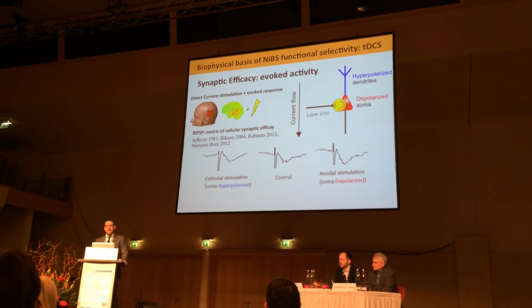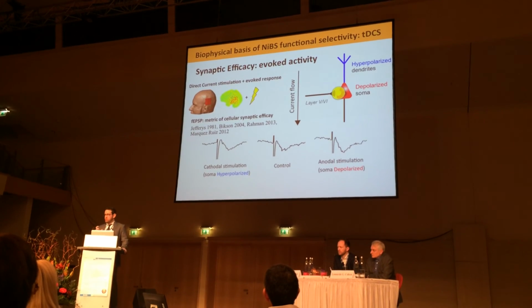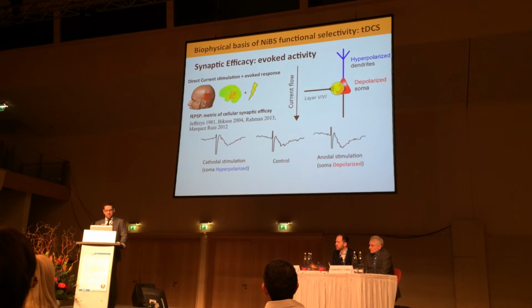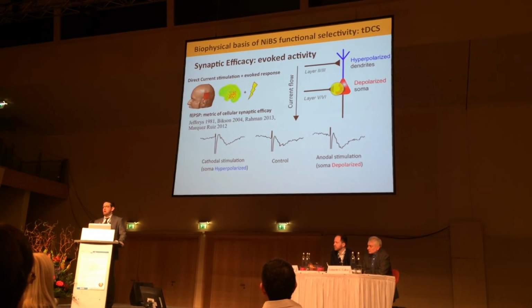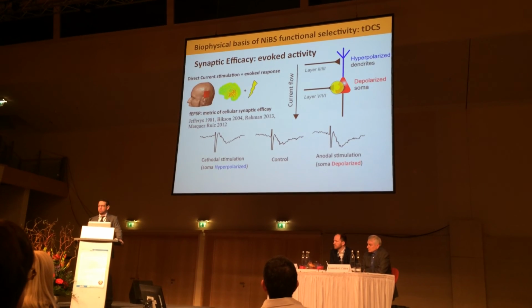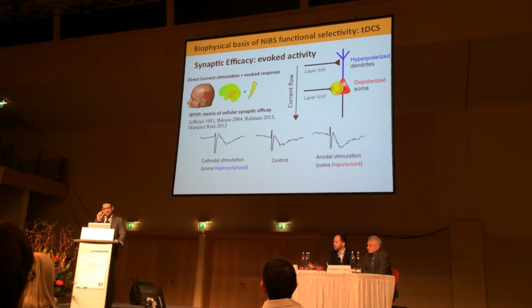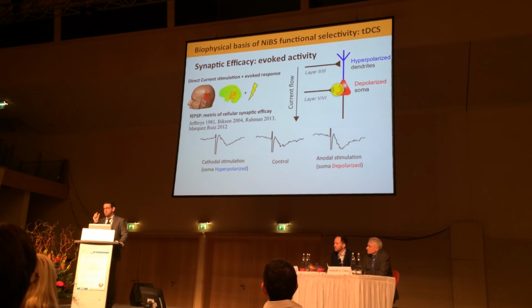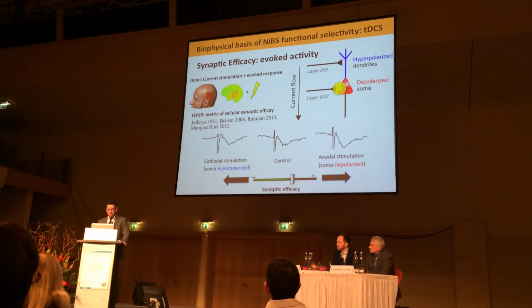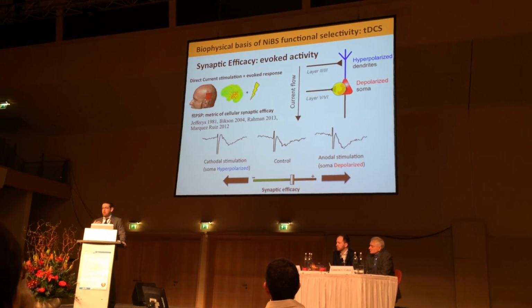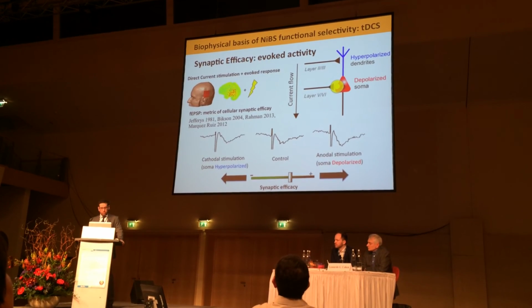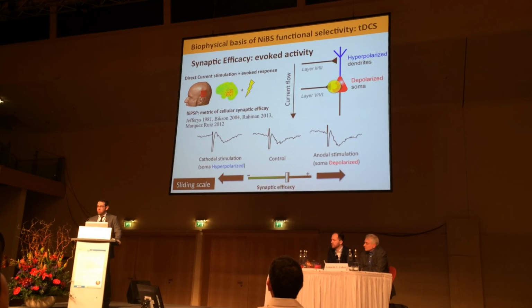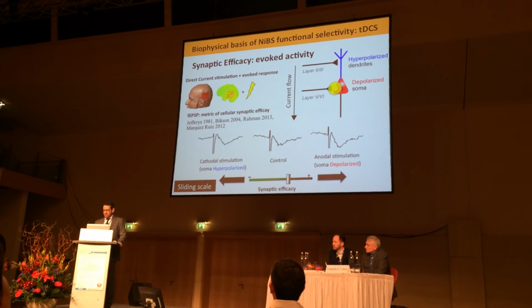So that means that even in the absence of firing, the strength of synapses, the synaptic efficacy, can be dialed up or down. And there's been exhaustive work looking at this across the hippocampus, across the cortex, really peeling away individual fiber bundles in a way that would be impossible clinically. But the consensus is basically that a version of anodal will increase synaptic efficacy, while a version of cathodal will decrease synaptic efficacy, consistent with the sliding scale idea.